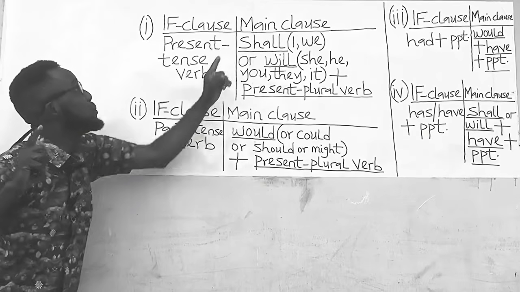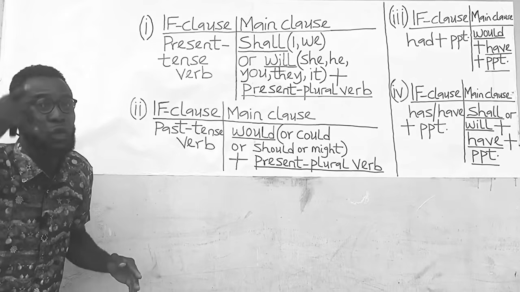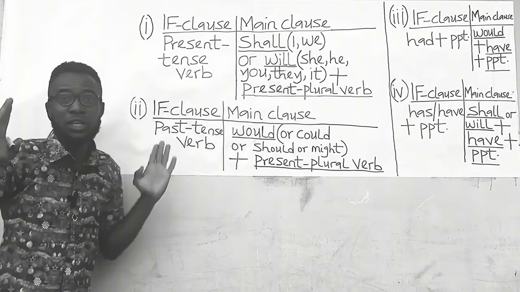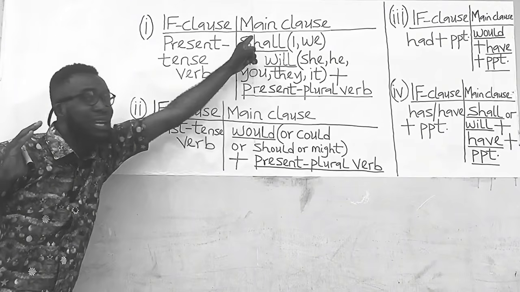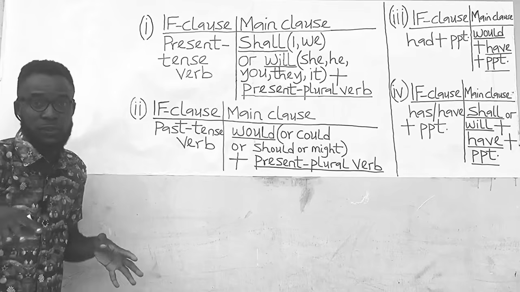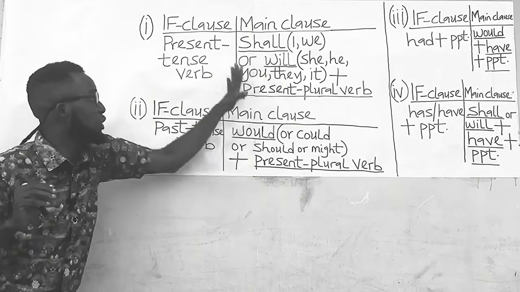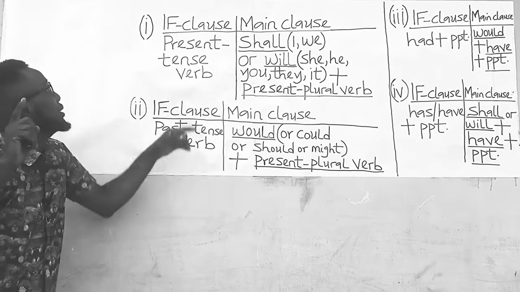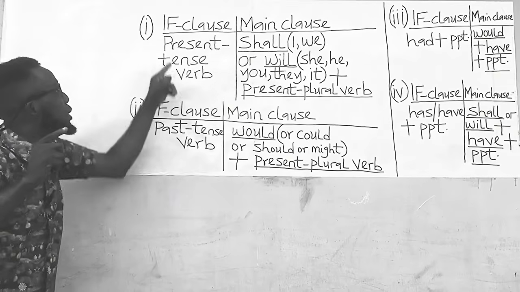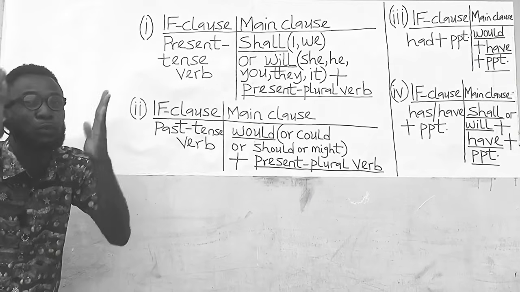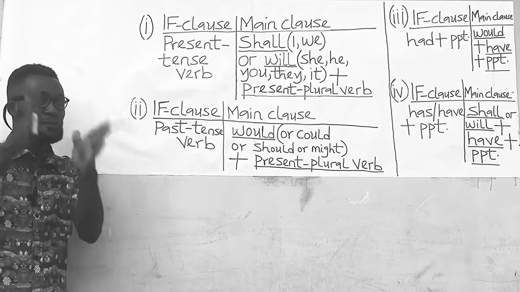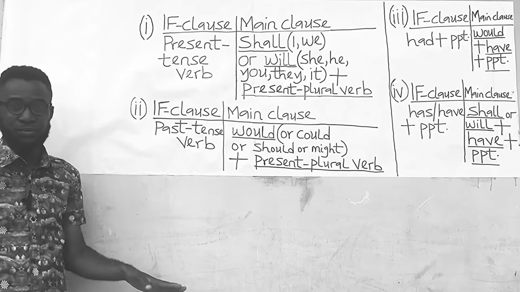However, if the main clause begins with the pronoun I or we and shall is not found in the options, then you can substitute will. You will do this when the if clause contains a present tense verb, a simple present tense verb. I believe that is understood.